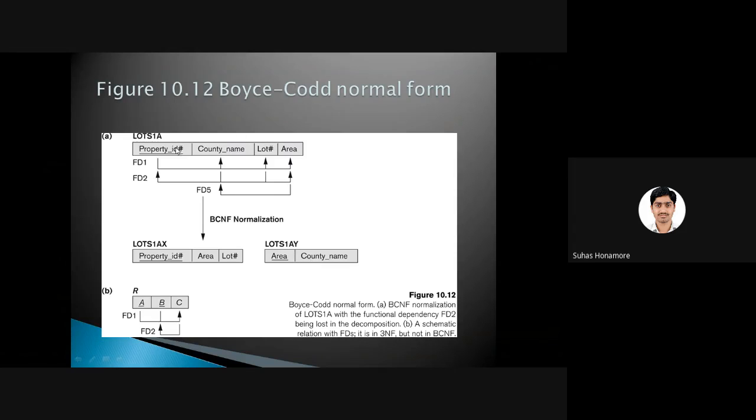From FD5, we removed country name from the first table, and for reference we keep area. Here area will become a primary key, and in the first table it will become a foreign key which refers here. So the primary key and foreign key concept will happen. This is my overall relation, and it is now in BCNF.